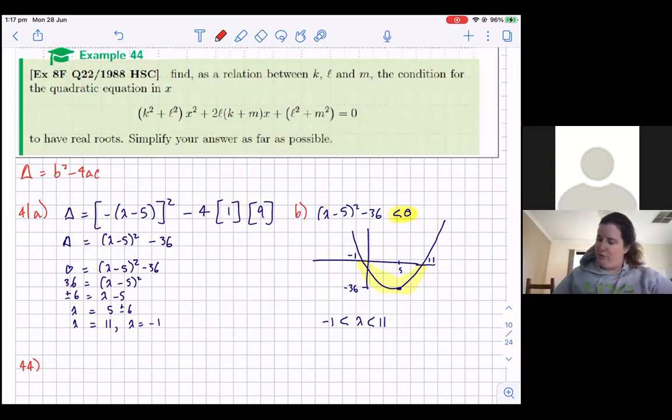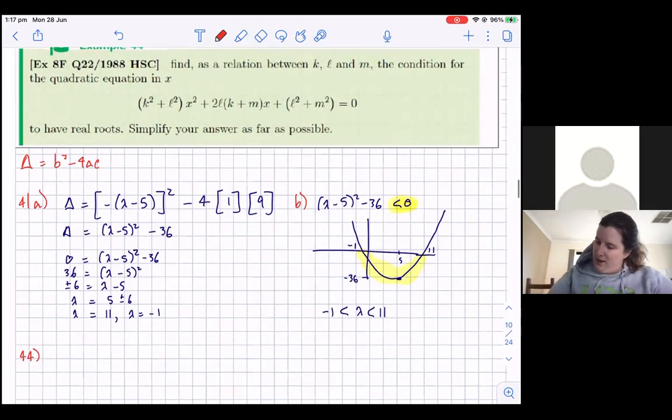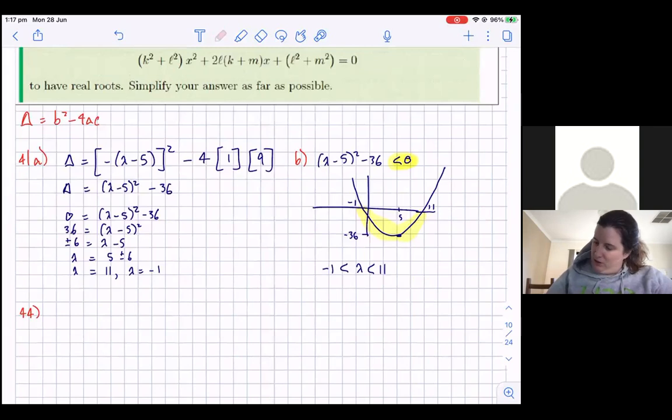Now, this is going to have real roots when the discriminant is bigger than 0. So the discriminant is b squared take 4ac. So b is 2l outside of k plus m.